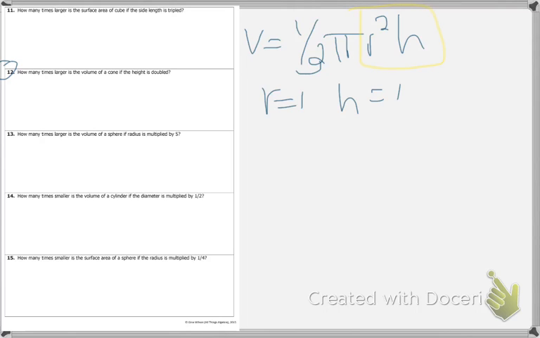Okay, so the first radius, the original radius, if you want to call it, over the change, or hold on, let's figure this out first. We're going from smaller to larger. So yeah, let's fill this guy out.